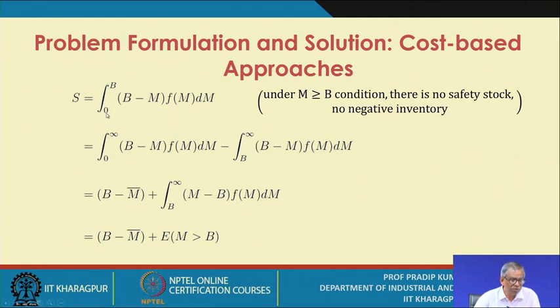So the expression is the integration from 0 to B of (B minus M) f(M) dM. So under the M greater than or equal to B condition, there is no safety stock, no negative inventory. Is it okay? This point we have been saying. Now you follow these steps and ultimately you get an expression. That means the safety stock is B minus M bar plus the expected number of units short. So this is to be added.